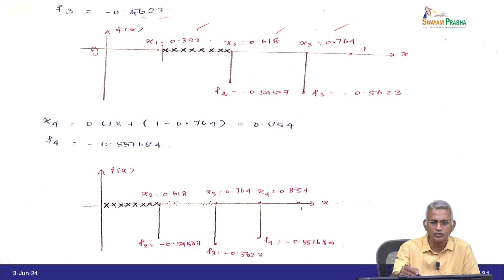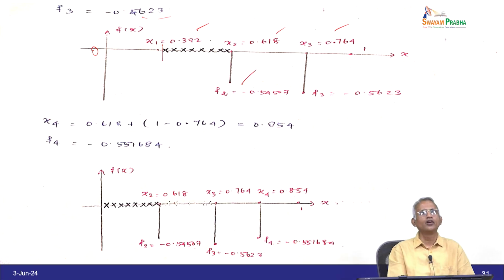Now we have f2, x2 you know, find f of x2; x3 you know, f of x3 you find out. Now comparative study with f2 and f3. f2 is minus 0.54, f3 is minus 0.56. Therefore, f3 is less than f2. Now the limit x1 to x2 is omitted. So, let us start with x2 to the maximum limit of 0.764.